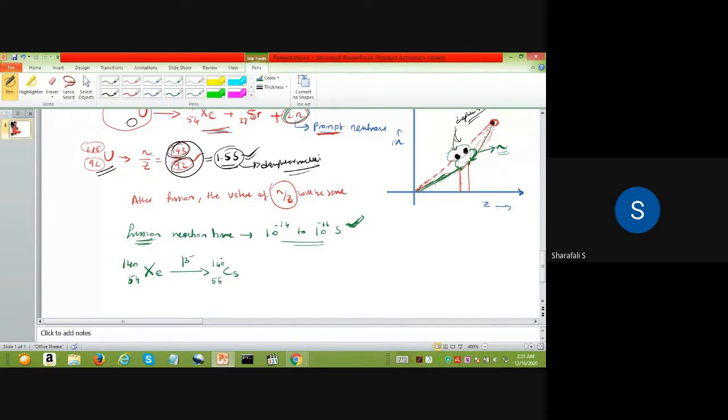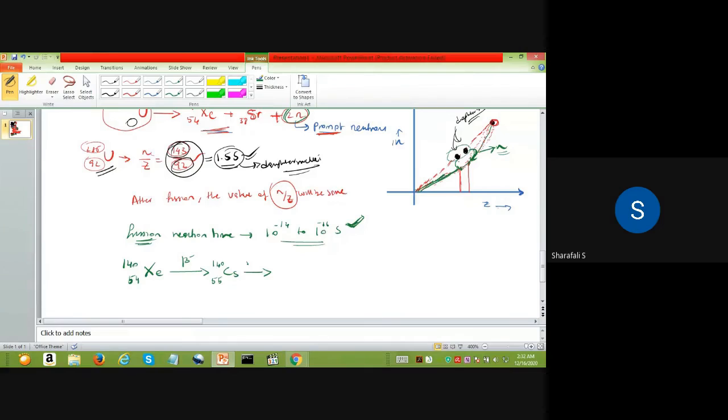You can see from here the mass number is constant at 140, and the atomic number increased by 1, 54 to 55. That means it is negative beta decay, where you convert one neutron into a proton. So the total number of nucleons will be the same. One neutron is converted into one proton, so the mass number remains the same, but the number of protons increases. So 54 will change to 55 and it will form cesium.